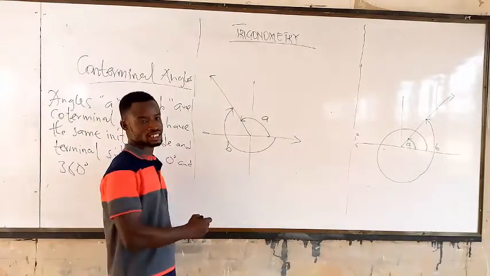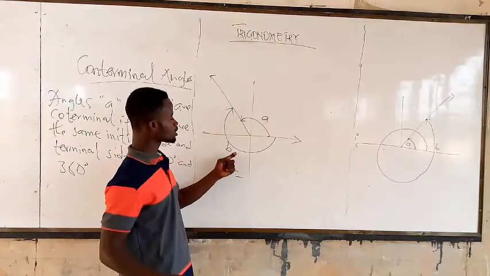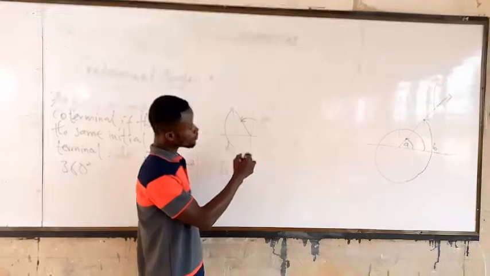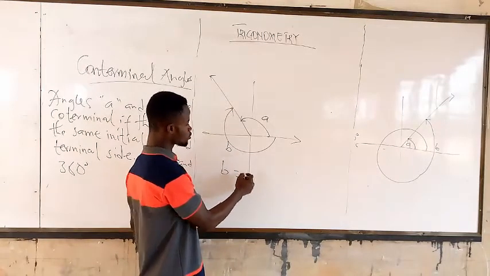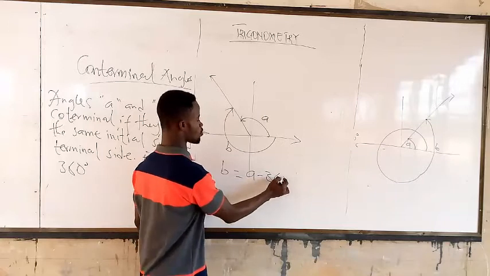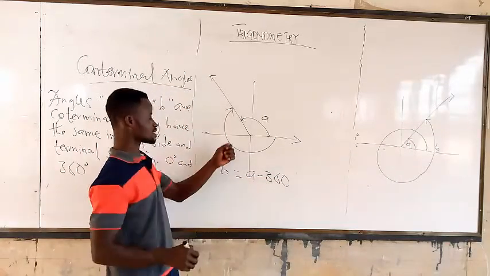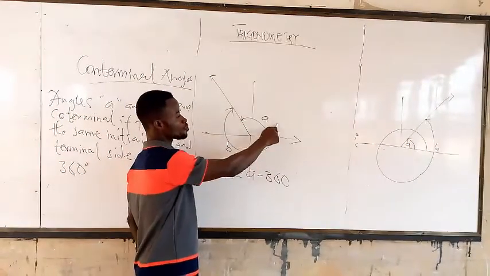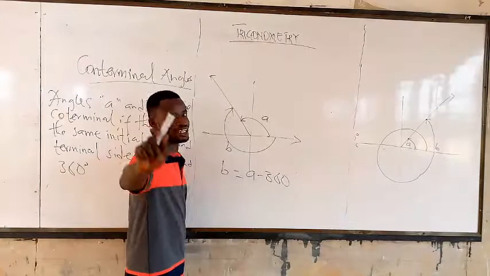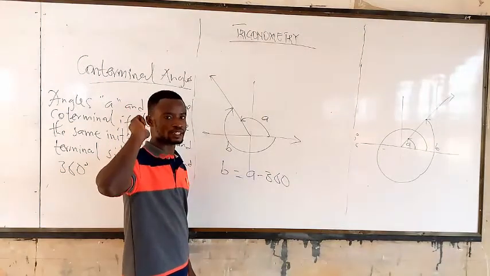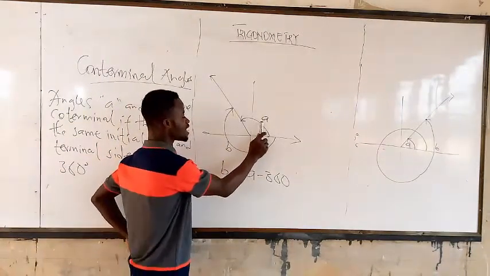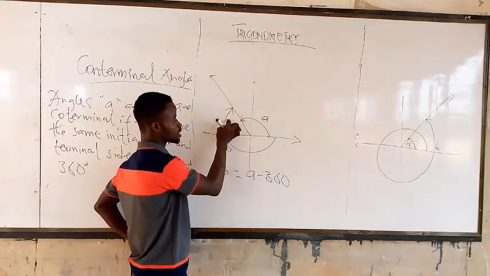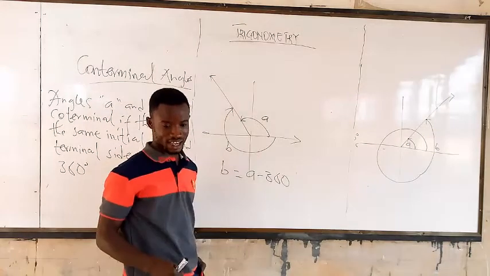So what this means is that to get this angle B, we have to subtract 360 from A. Because we know that one revolution from here to here is 2 pi or 360 degrees. So subtracting 360 from this A will help us to get the B. I hope it's clear there.